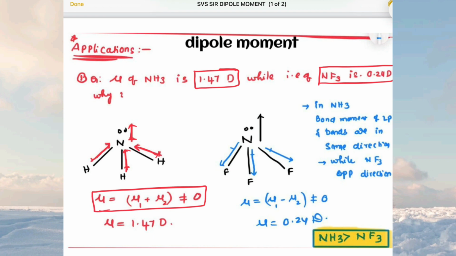But in the case of NF3, nitrogen is less electronegative and fluorine is more electronegative, so the bond moment is downward while the lone pair moment is upward. In the case of NF3, the bond moment is in the opposite direction. Therefore, the dipole moment of ammonia is greater than NF3.